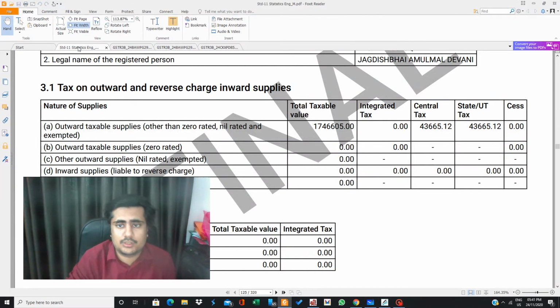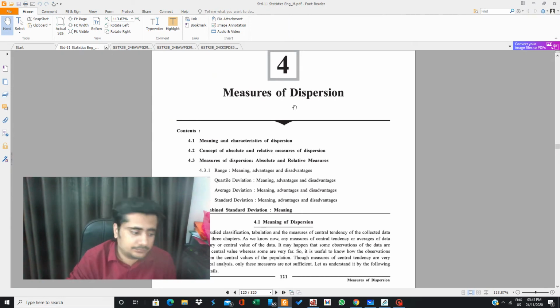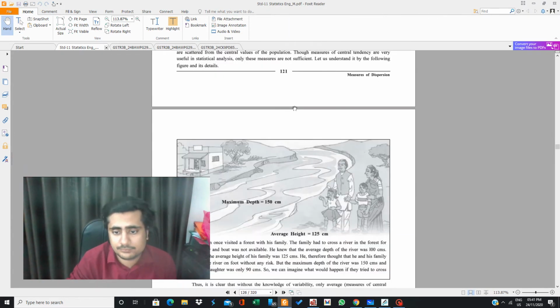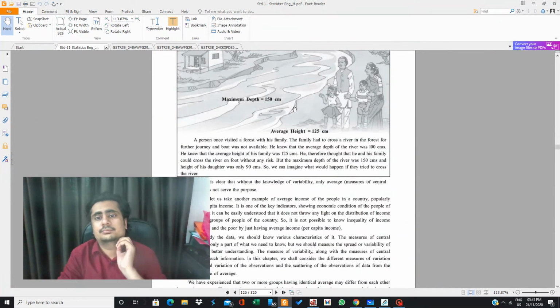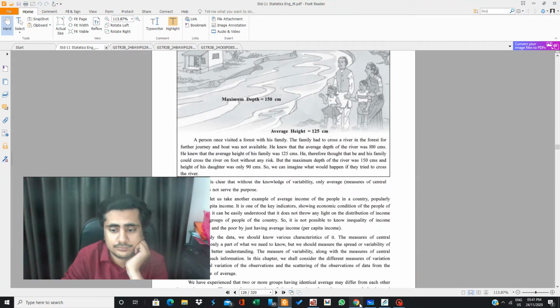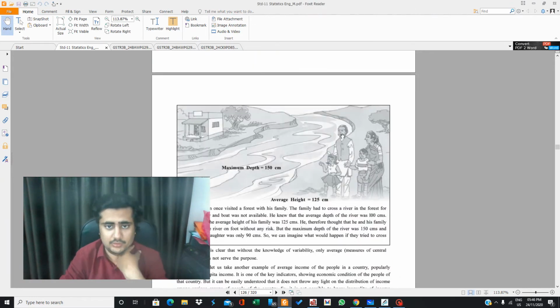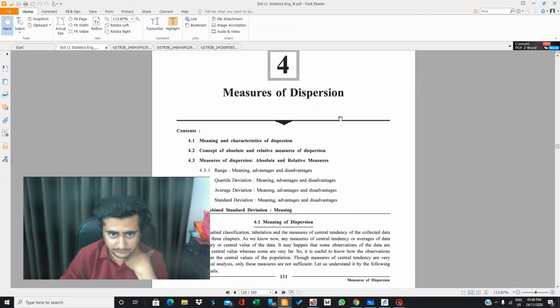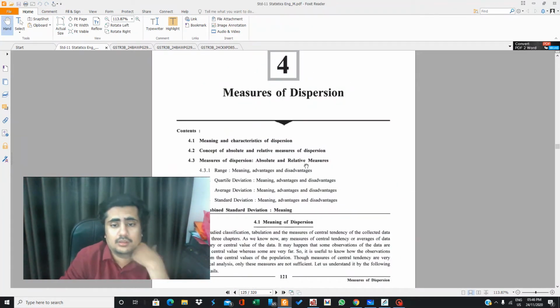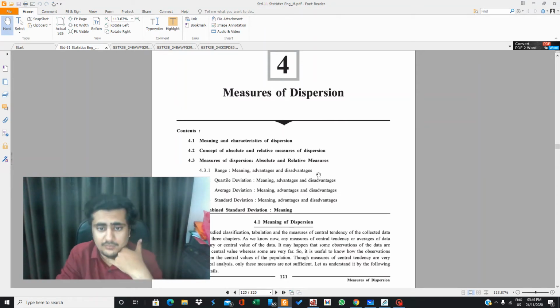Now see, these are the two kinds of measure we have seen, absolute and relative.